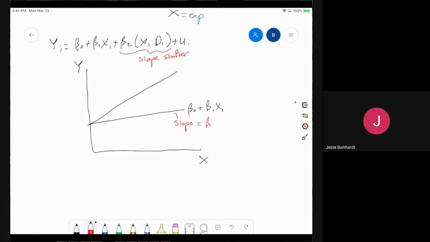The slope for this line is going to be beta 1 plus beta 2. And now we can write down, so this is when you have no college. This is when you have college. In other words, here's D1 equals 1, D1 equals 0.